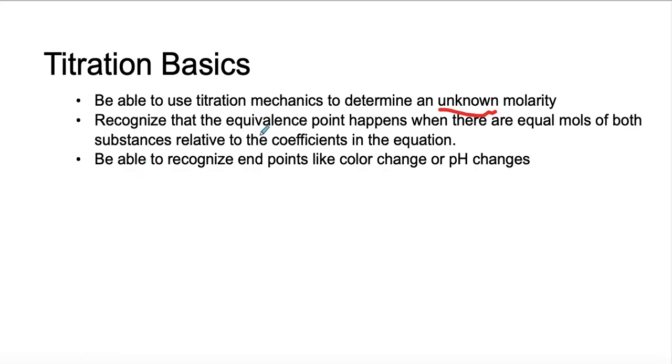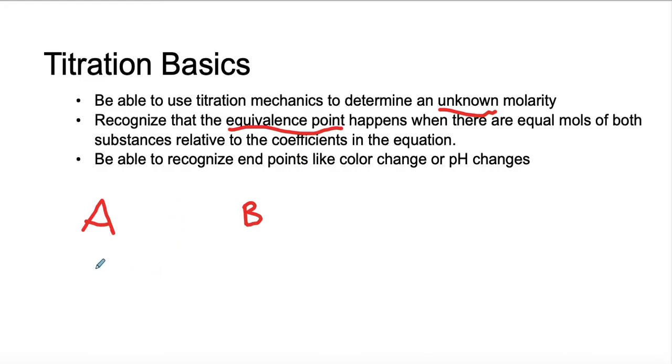So the equivalence point happens when you may have substance A and substance B that you're titrating together. If A was an acid and B was a base, and we put an indicator in there, then we would know when the end point or the equivalence point happened.